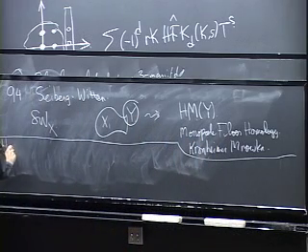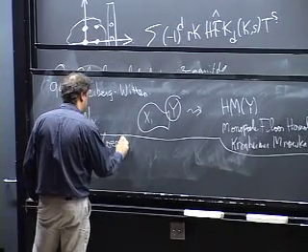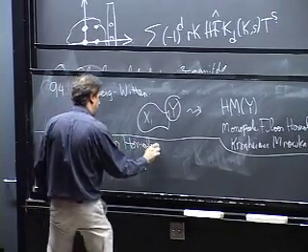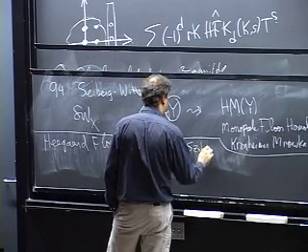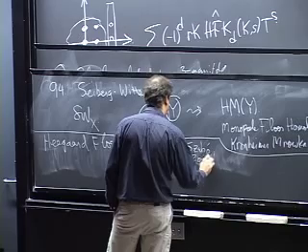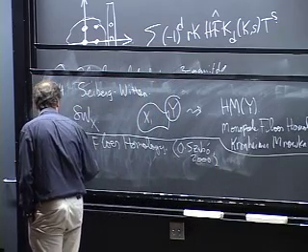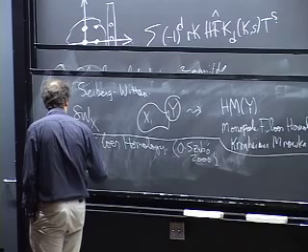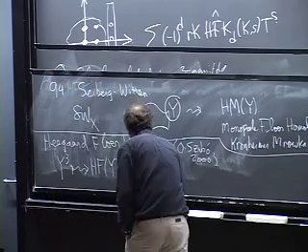So Heegaard-Floer homology, defined by Zoltan around 2000, is an invariant for 3 manifolds, and I'll explain a little bit about its construction, but not much.